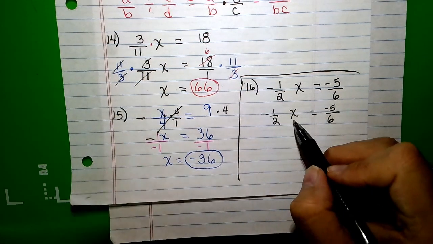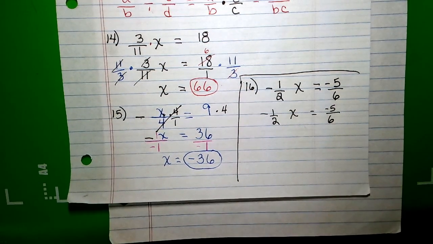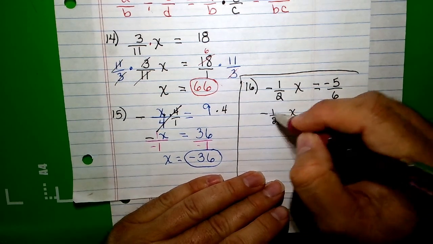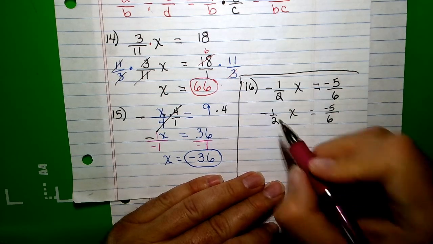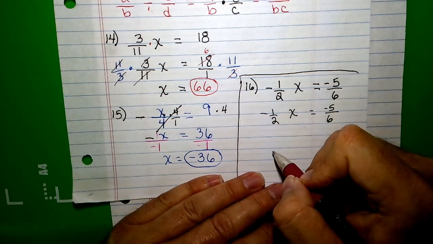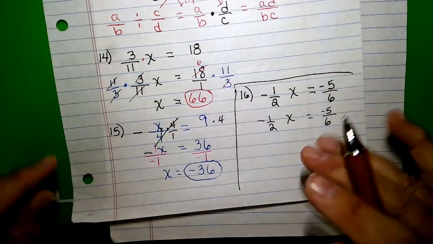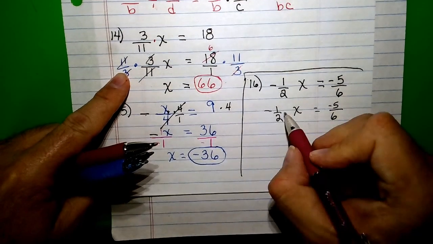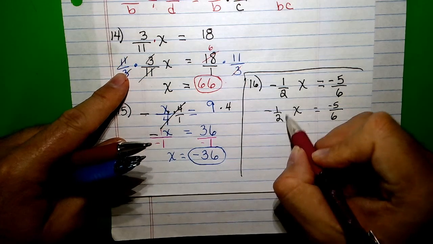I want this x to be completely by itself. So I need to get rid of the negative, and I need to get rid of this negative 1/2. If I just multiply by the reciprocal, flipping 1/2, I'd get a 2.